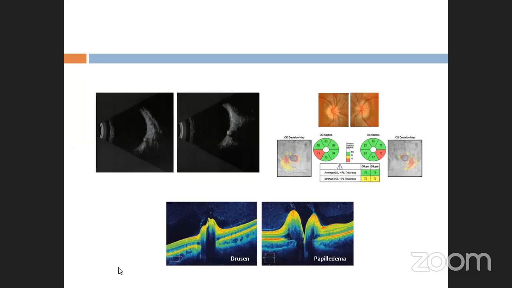Number two, before sending the patient from the ophthalmology service, as you mentioned, they can do ultrasound, and also fundus autofluorescence, where optic disc drusen can appear.